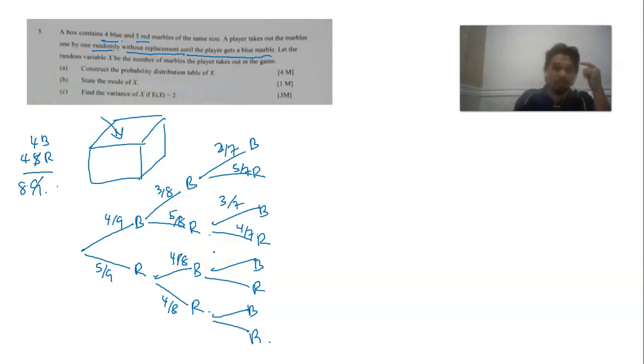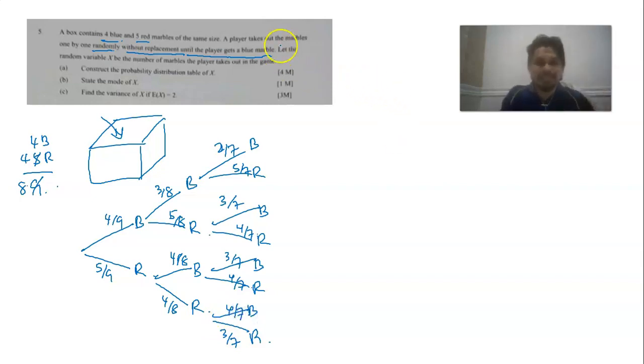If one blue ball has been taken and one red ball has been taken, what will be the next? From 9, 8, it then becomes 7. So for blue, 4 minus 1 becomes 3 over 7, and here is 4 over 7. And then for red, from 5 to 4, it becomes 3 over 7, and here is 4 over 7.